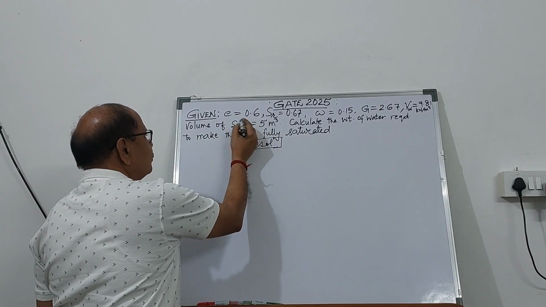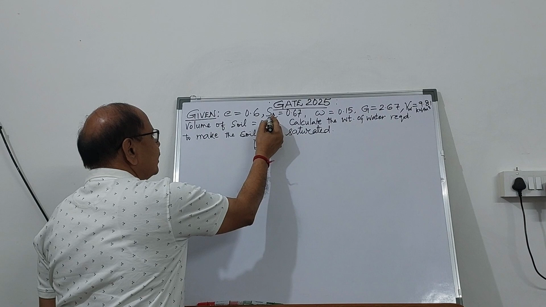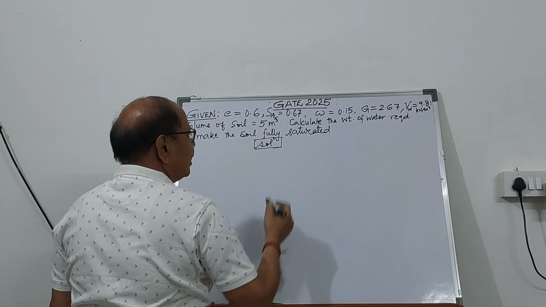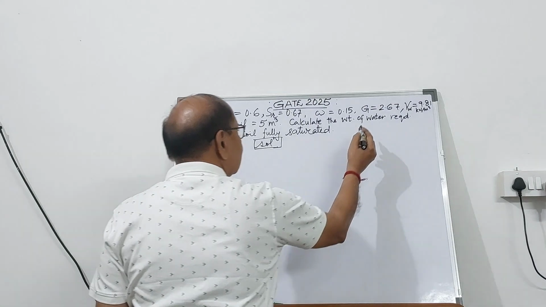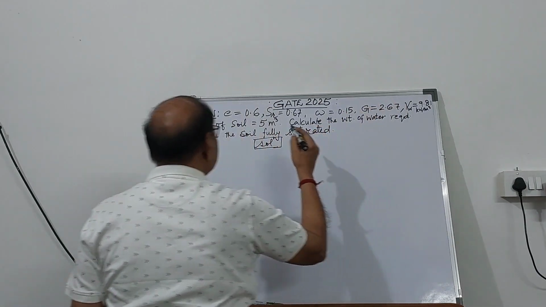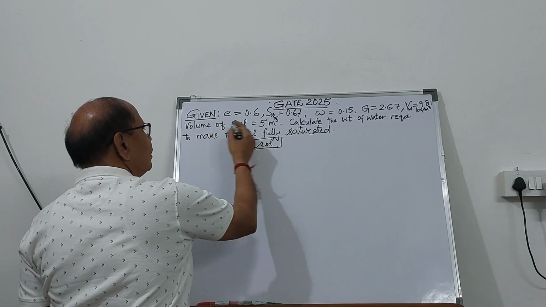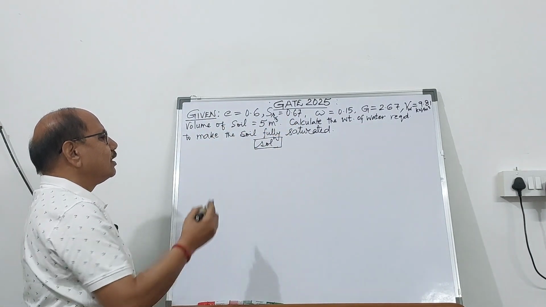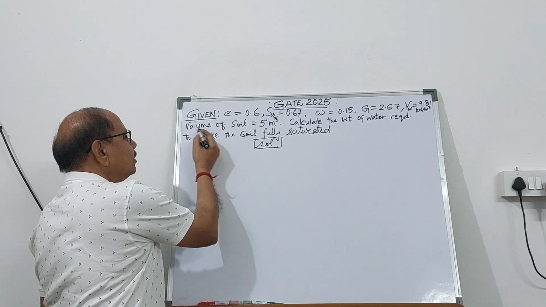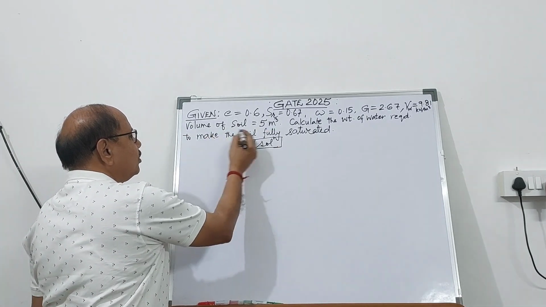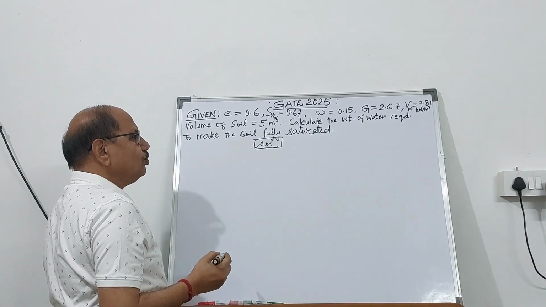So in this problem, the void ratio, degree of saturation, water content, specific gravity, unit weight of water, all these parameters are given, and the volume of the soil is also given to you. So volume of the soil is 5 meter cube.